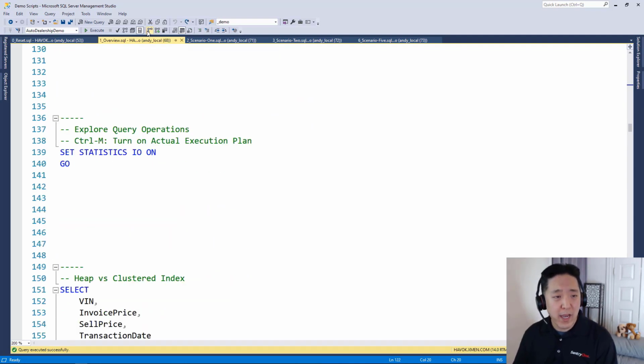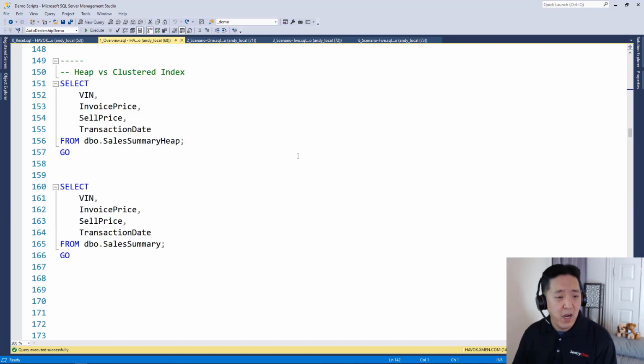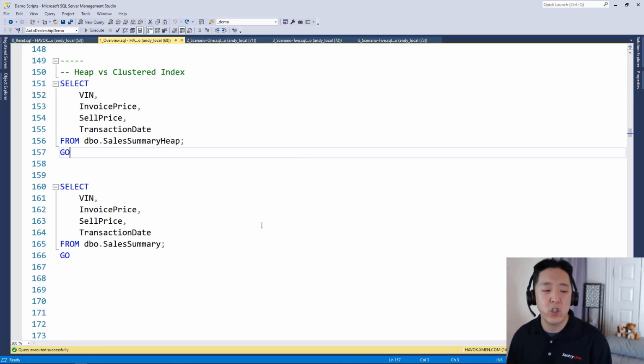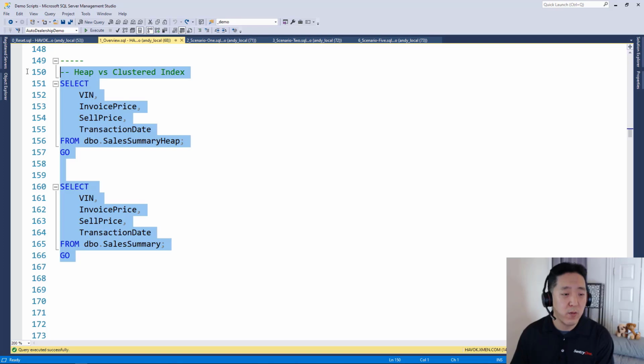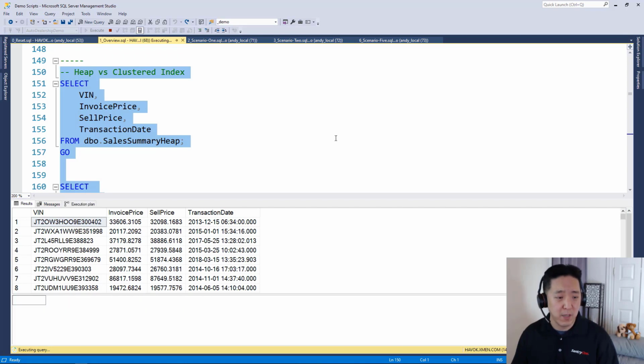So let's explore some actual query operations. I'm going to turn set statistics IO on once again. And then we're going to take a look at 2 different tables called sales summary. One's called sales summary heap, which of course is the heap version of it. And then the other one is just sales summary. I'm just going to do a quick select star just so you can get an idea or sampling of the data that's inside these 2 particular tables.